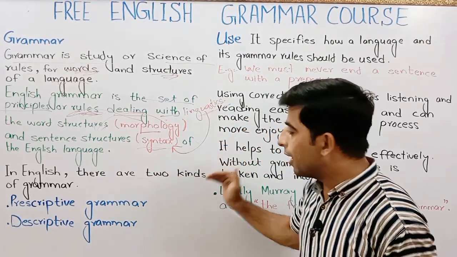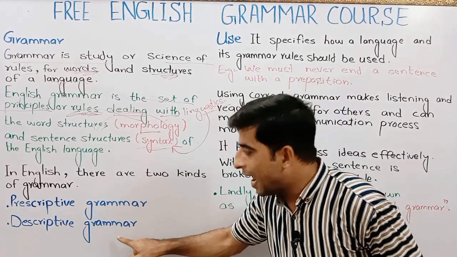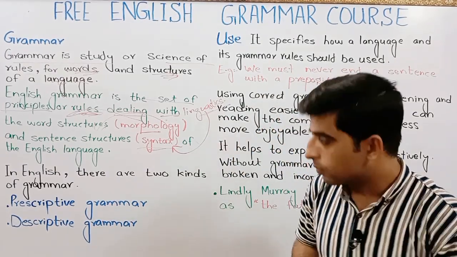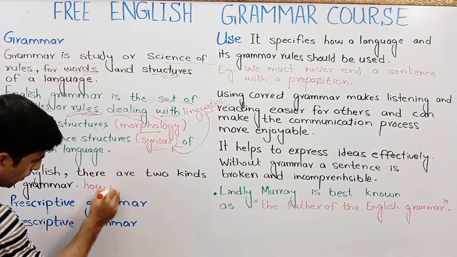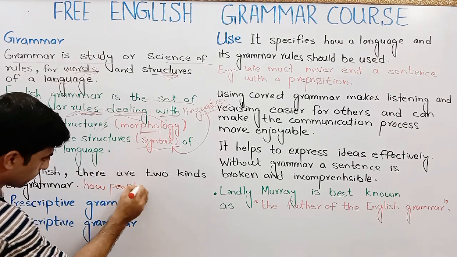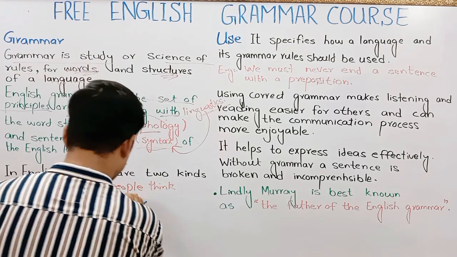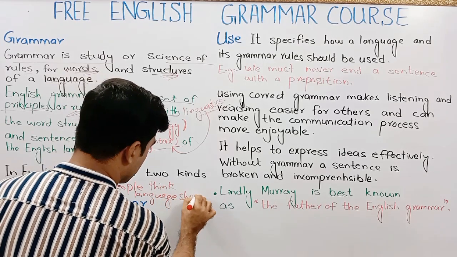In English, there are two kinds of grammar: prescriptive grammar and descriptive grammar. Prescriptive grammar deals with how people think language should be.